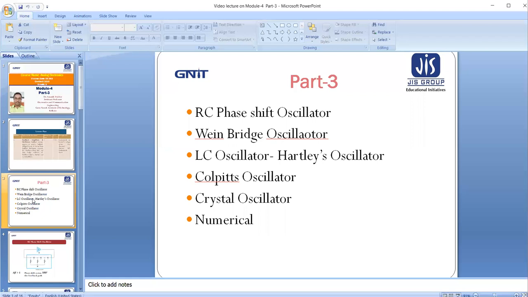Now, in part 3, the different types of oscillators, their frequency of oscillation, principle of operation, as well as some practical applications of these oscillators, as well as some numericals from the oscillators will be discussed in this particular part.